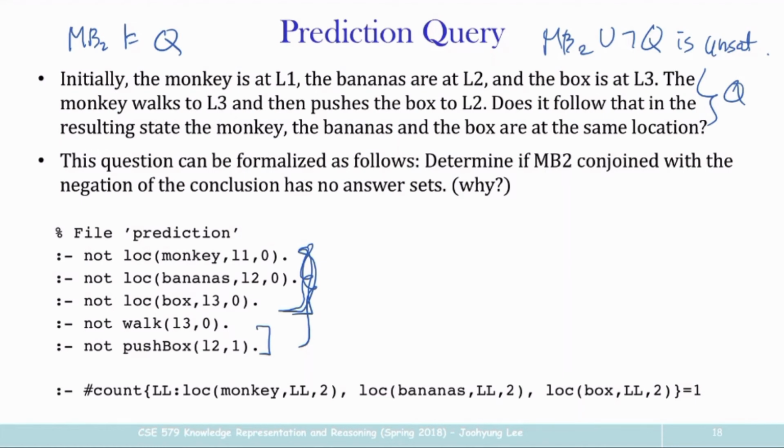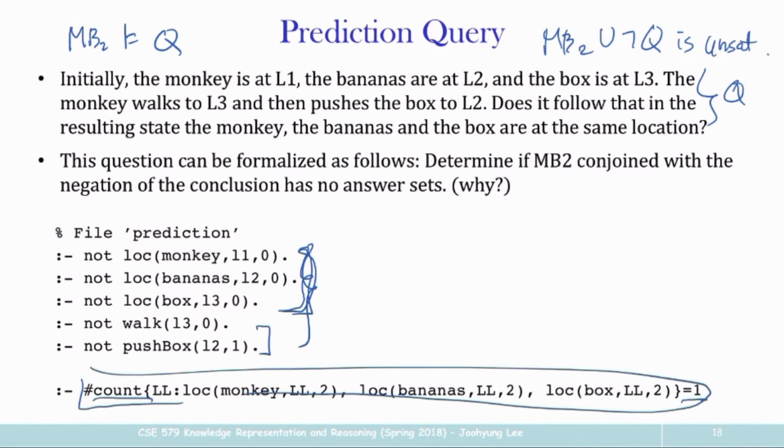You can represent this in many different ways, but here is one way that I did. We are counting the number of locations where the monkey and bananas are. If this is not 1, then this is the negation of that conclusion. If you only look at this one, you count the positions of this object, and it's 1.